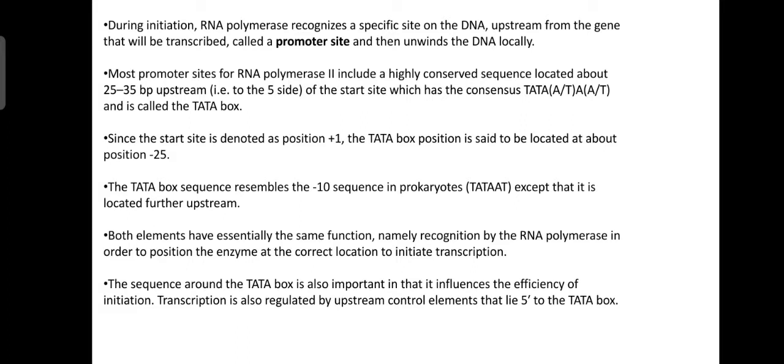They contain a conserved sequence located 25 to 35 base pairs upstream. Where is this upstream located? Towards the 5' side of the start site, which has a consensus TATA, that is the TATA box.